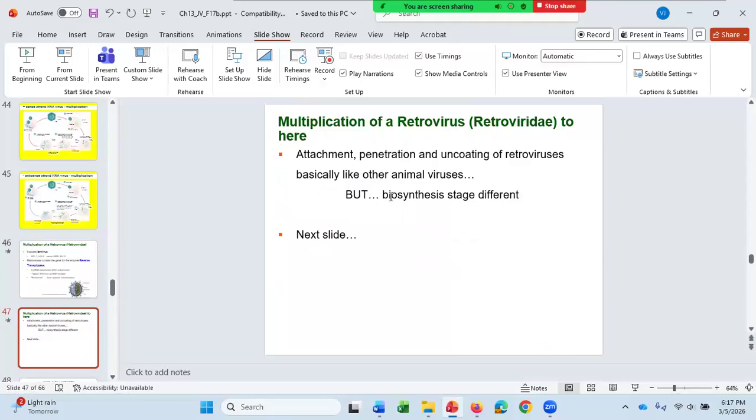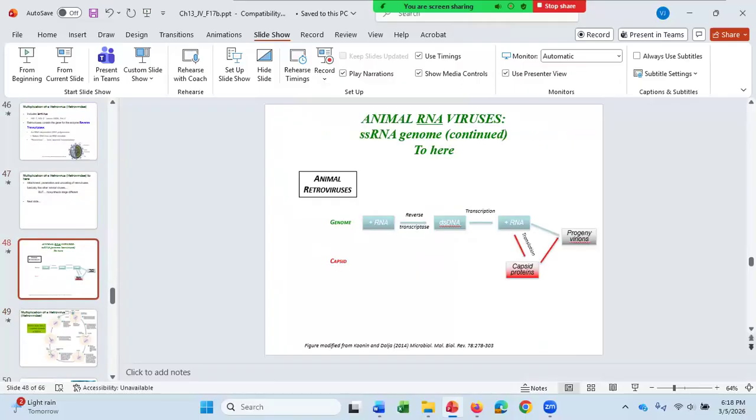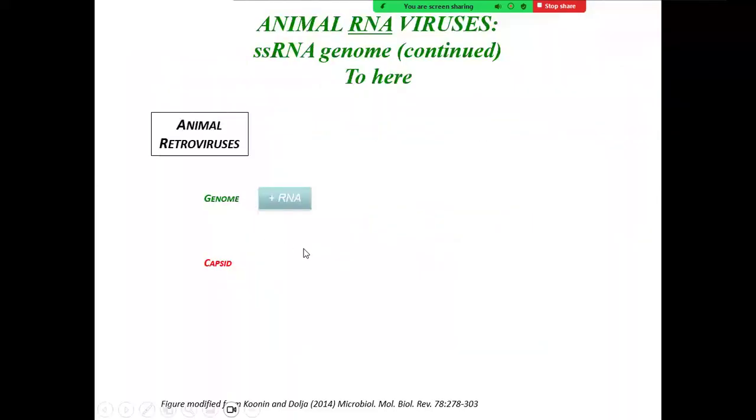All right, for multiplication of retroviruses, attachment, penetration, and uncoating happen like other animal viruses, but the biosynthesis stage differs. We'll blow this slide up. So we have positive single-strand RNA, and reverse transcriptase will make DNA in two steps.